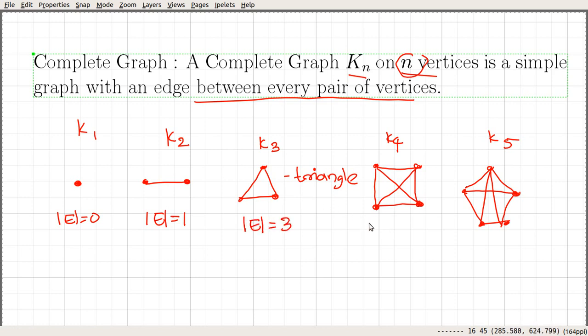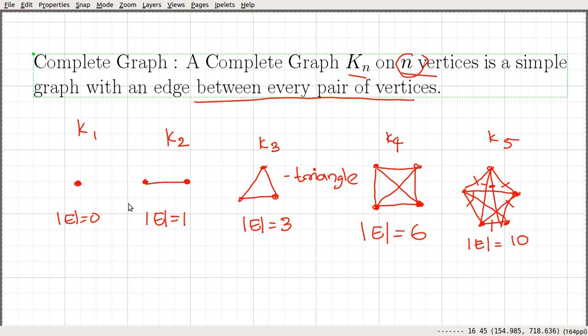For K4, the total number of edges is 6. And for K5, the number of edges is 1, 2, 3, 4, 5, 6, 7, 8, and we need to add two more, 9, 10.